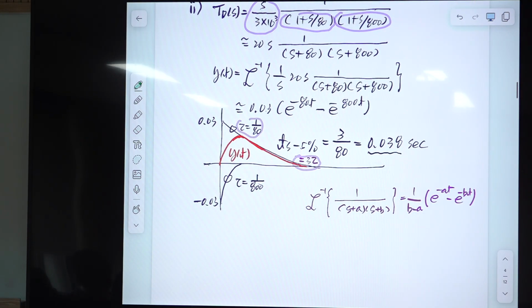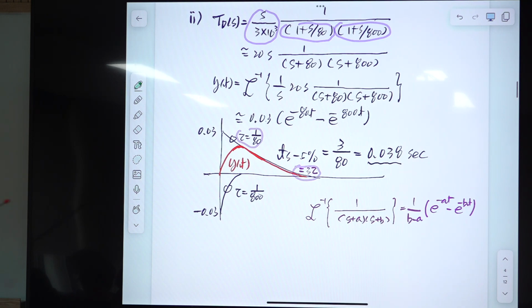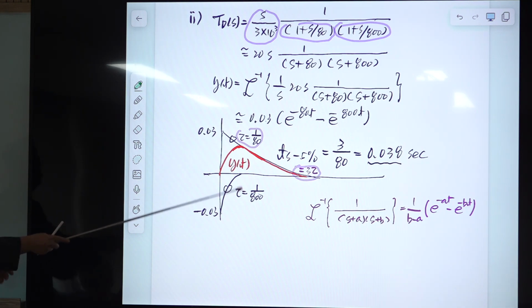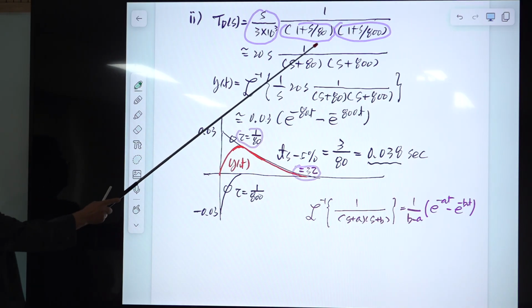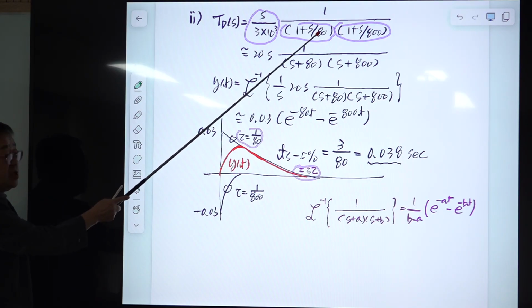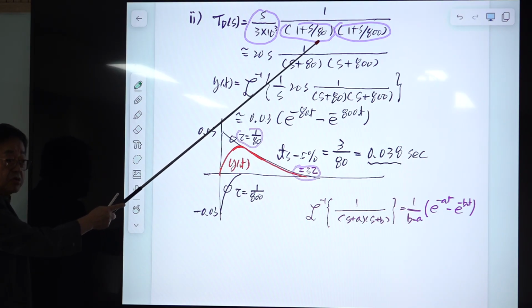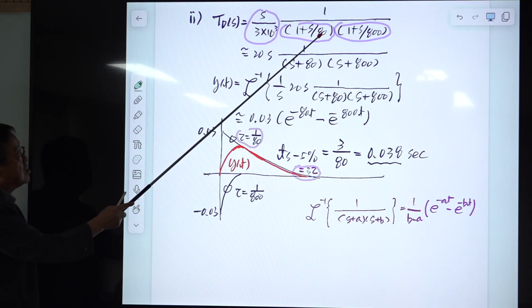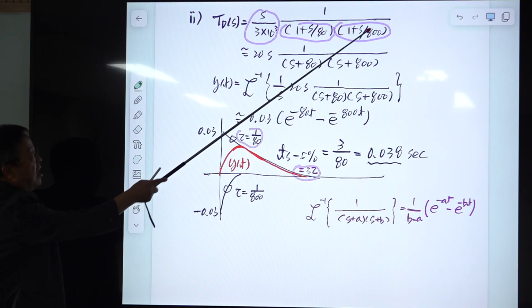If you take a look at this, the time constant is determined by this one. This one, the lowest pole, is called the dominant pole. So the effect is that this decays very fast.